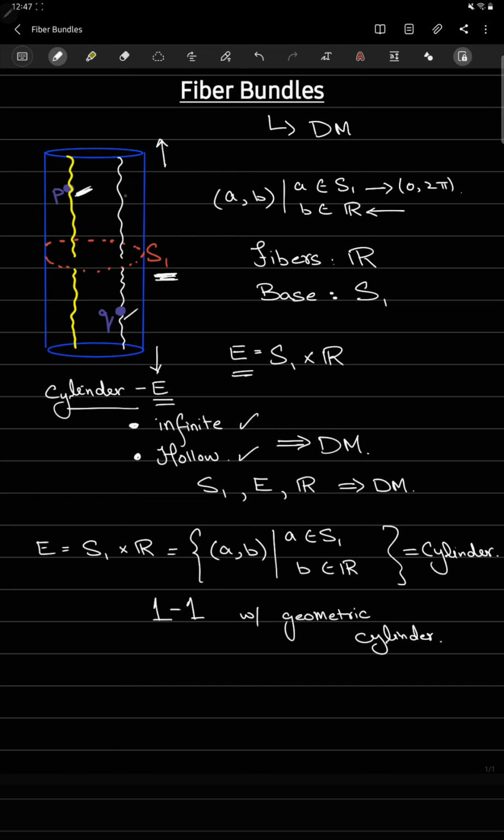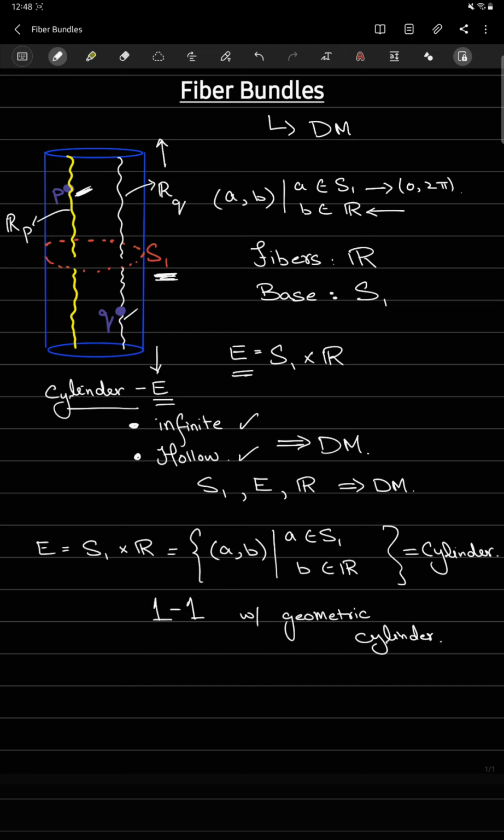You can see that this is R at Q, and this yellow one is R at P, right? So we can simply consider a common fiber or a generic fiber for which every other fiber is just copies of that generic fiber, right?